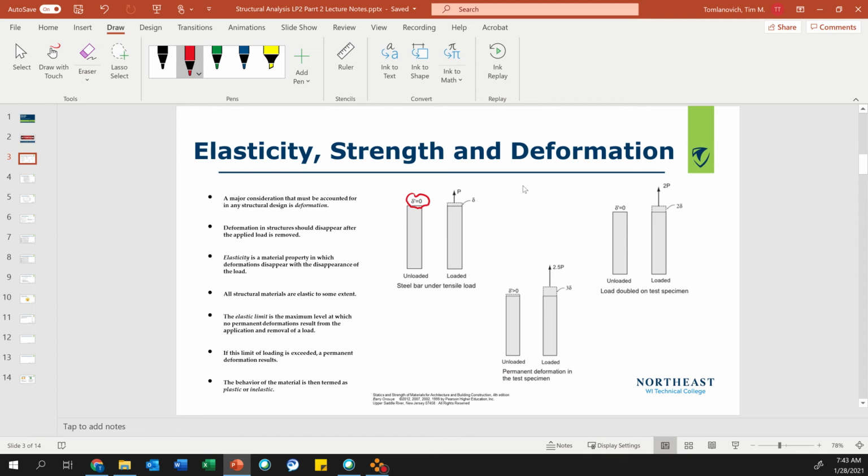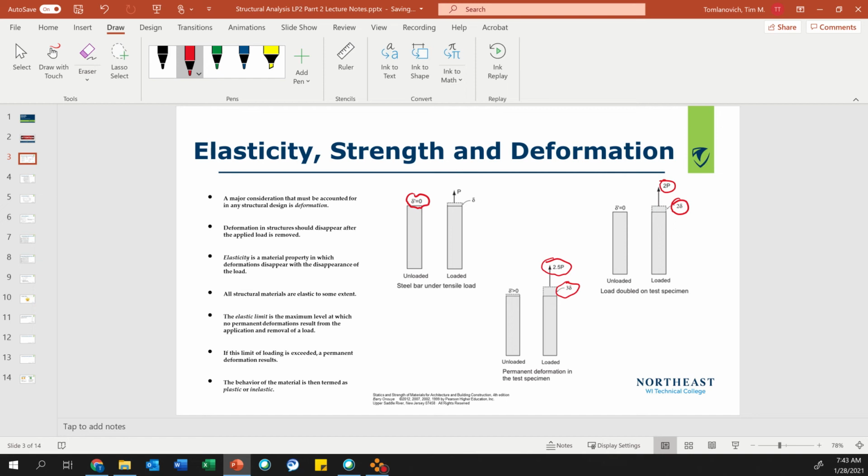And there's that delta again. Depending on the load, as you can see here, twice the load, twice the deformation. And sometimes when we get too much load, we get 3 times the deformation. So basically what that's saying, it's not proportional.